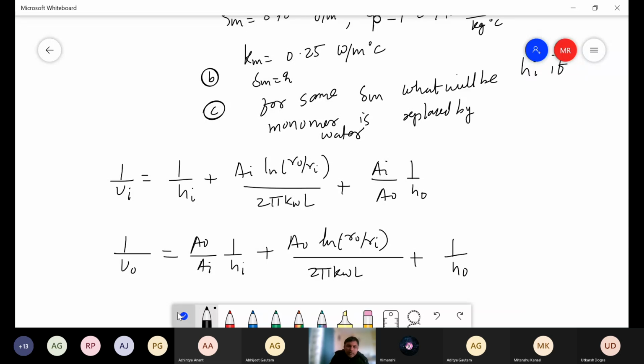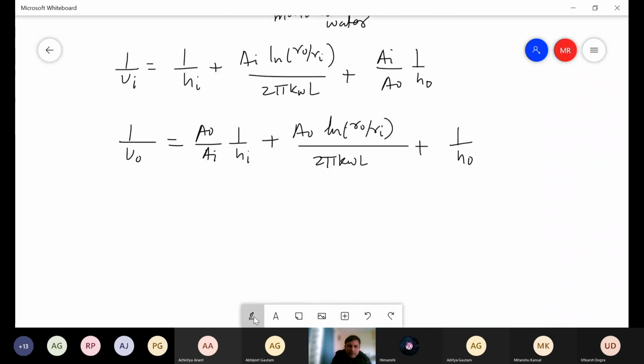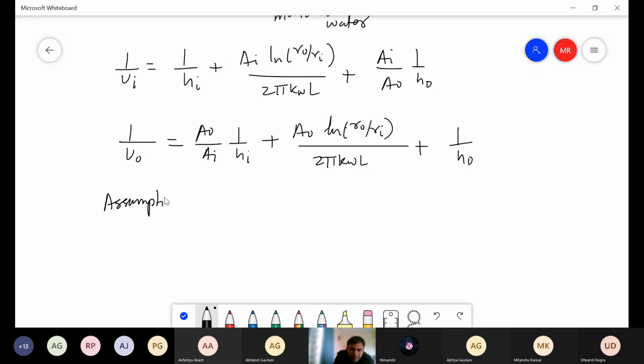Now, if we take these assumptions: the conductive resistance is negligible.